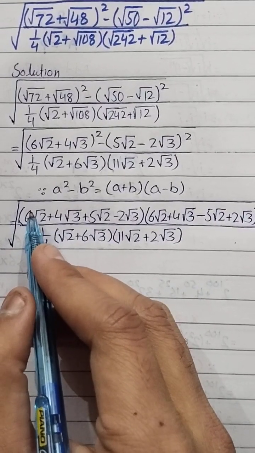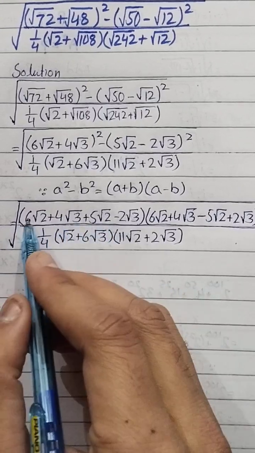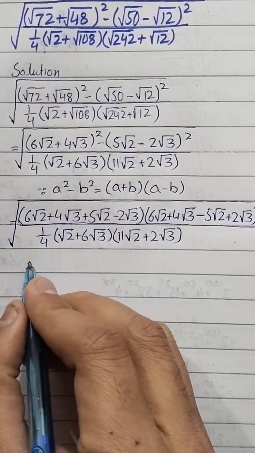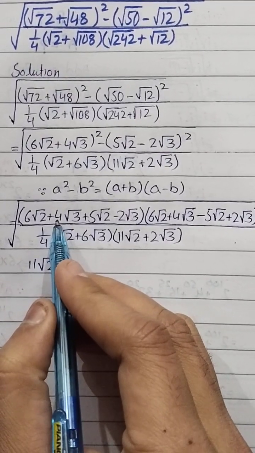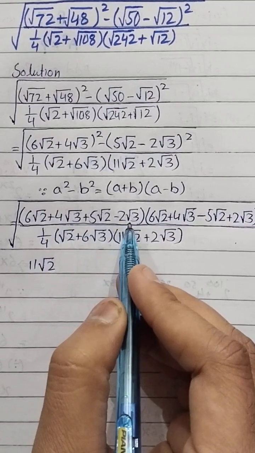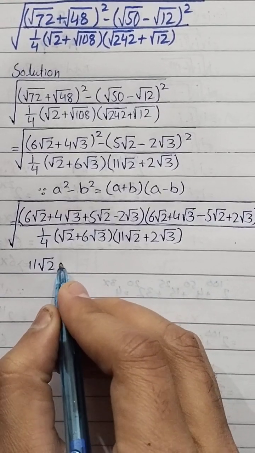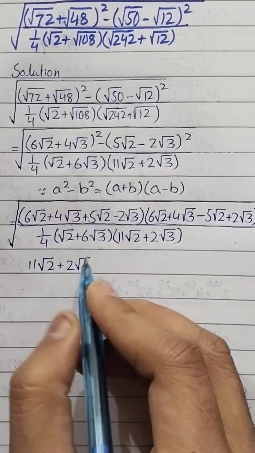Now you can see this 6 under root 2 plus 5 under root 2 can be added like this: 6 plus 5 is 11 under root 2, and this is 4 under root 3, and this is minus 2 under root 3, so 4 minus 2 will be plus 2 under root 3.